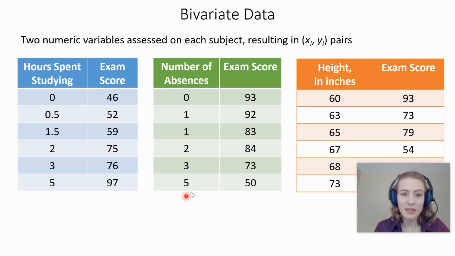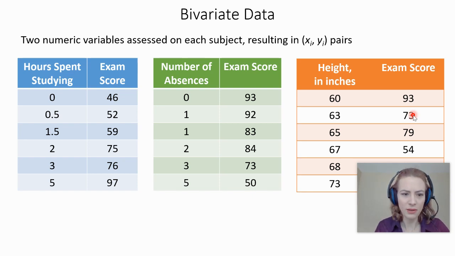Whereas if we count how many times they were absent, we would think that students who were absent more would score less points, at least on average. And then over here, we might wonder, would there be any relationship at all between someone's height and their exam score? You could have tall people who do really well. Then again, you could have tall people who don't do very well. And the same for short people and people with intermediate heights.